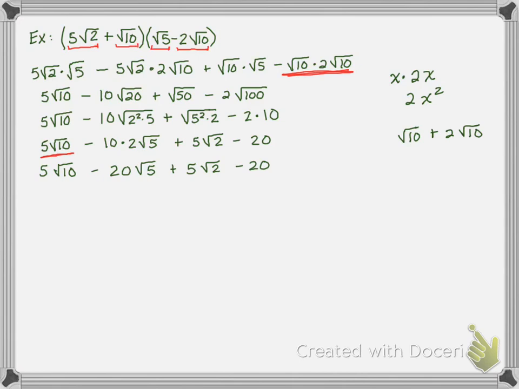But since we're multiplying, we have to multiply the square root of 10 times the square root of 10. So it can get a little tricky. We just have to be really careful about what operations we're working with.